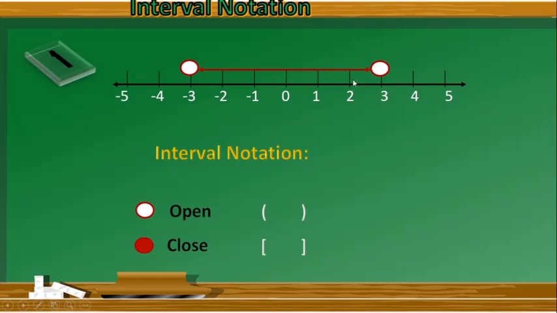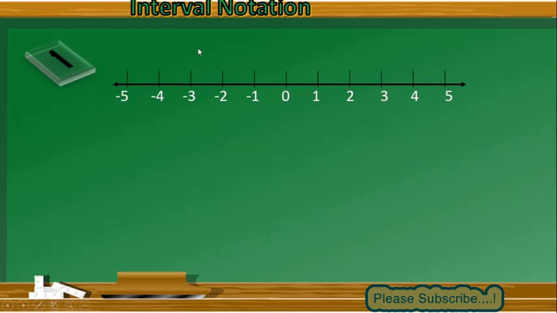So to write the interval notation, we first write the open parenthesis, then negative 3, comma, 3, in parenthesis. In this case, you can determine by looking at this that negative 3 is not included in the solution, as well as the 3, because of the parenthesis and this open circle symbol.